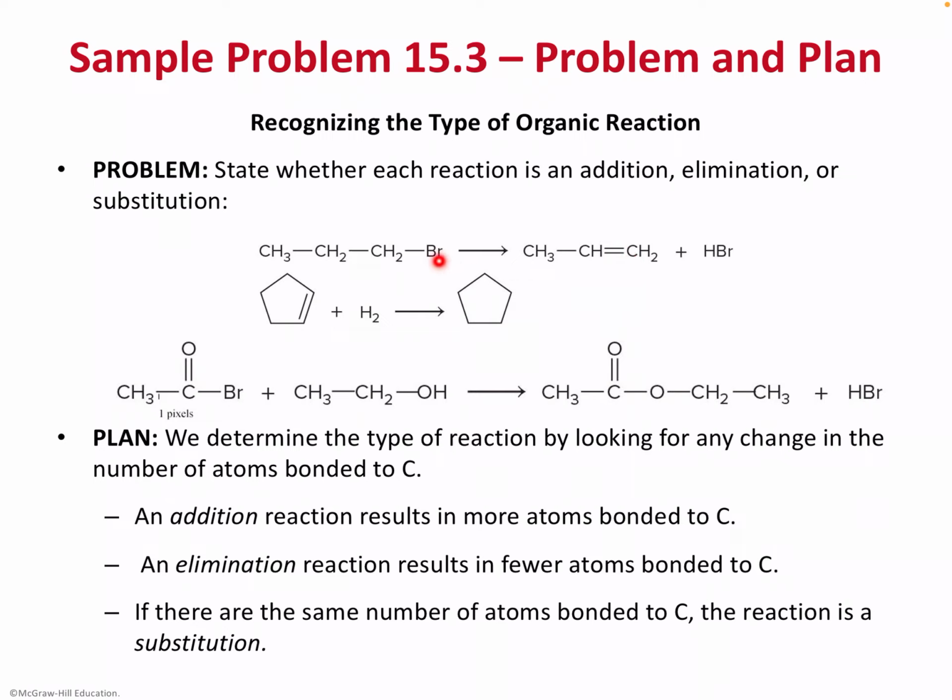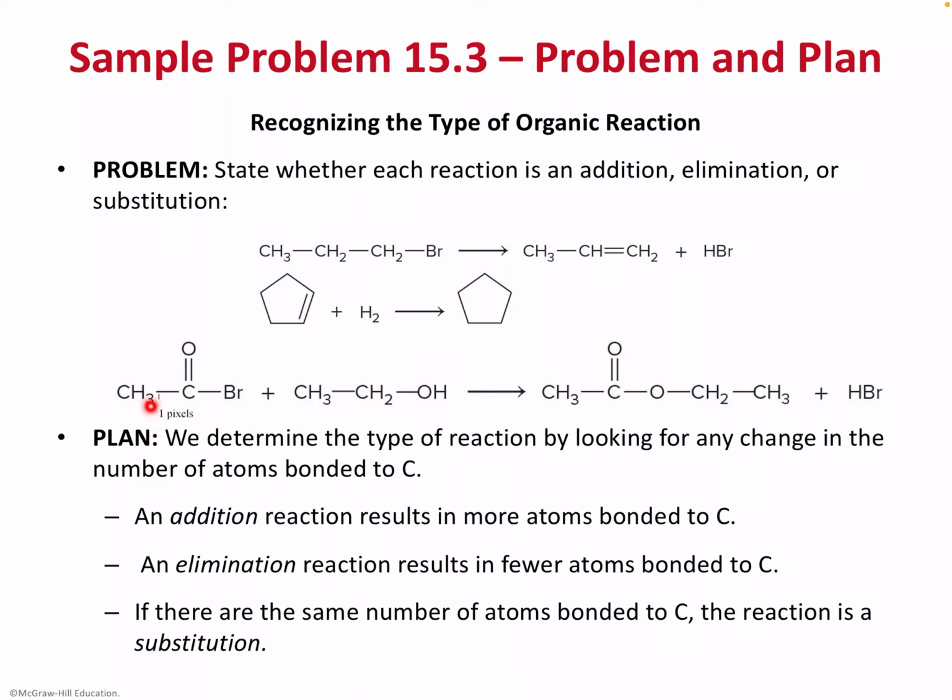It eliminated HBr, Br from here and hydrogen from here. So that is an elimination reaction, right? And here you have a double bond. You add hydrogen and the double bond is gone. Now this unsaturated compound became saturated. What is this reaction? That is an addition reaction, right? Hydrogen is being added onto the double bond, and it became saturated.